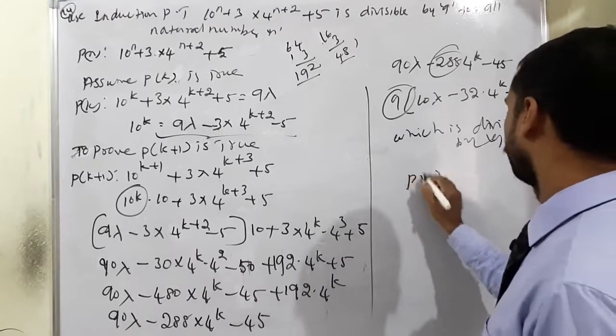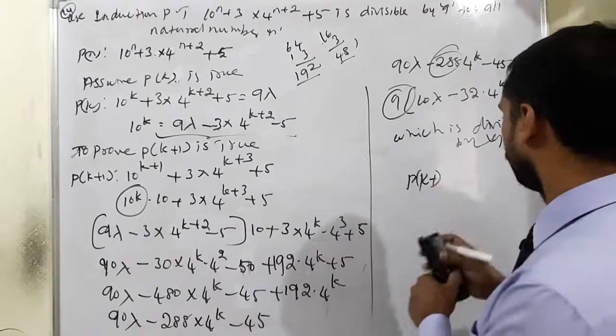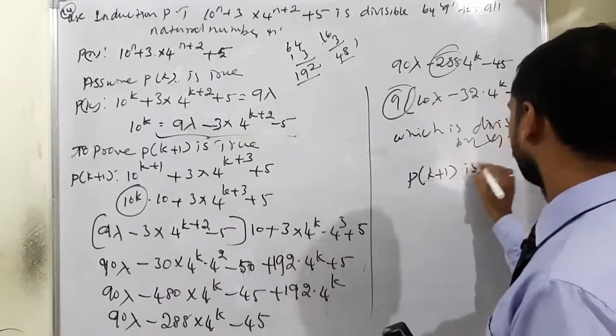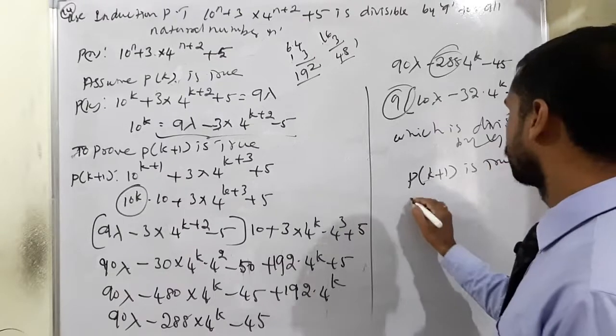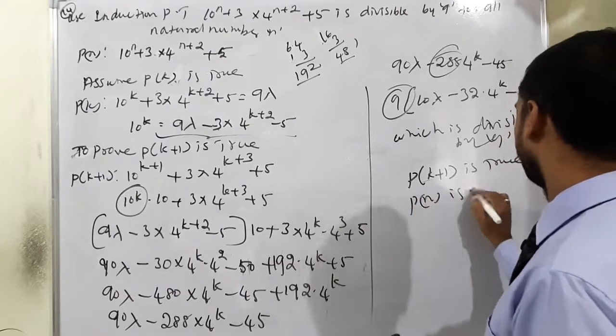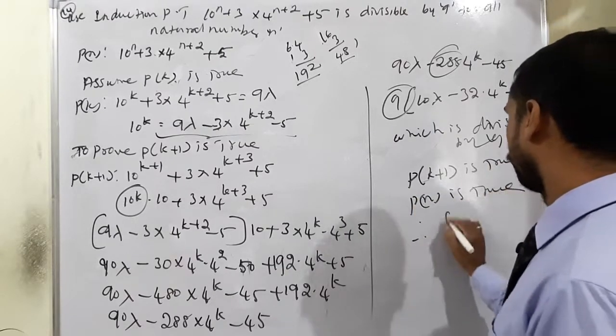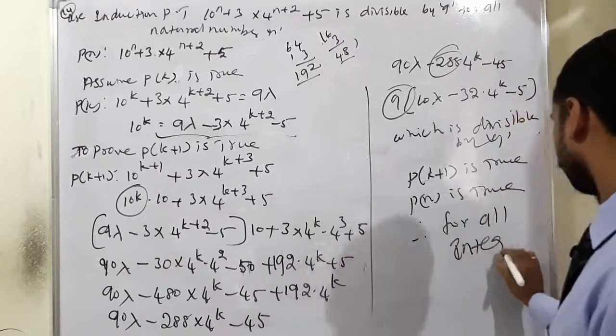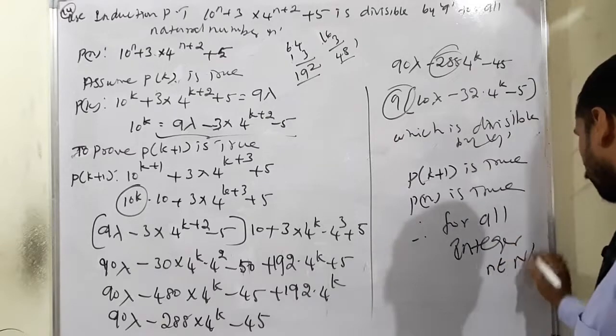Therefore, P(k+1) is true. So, P(k+1) is true means P(n) is also true. Therefore, for all n belonging to natural numbers.